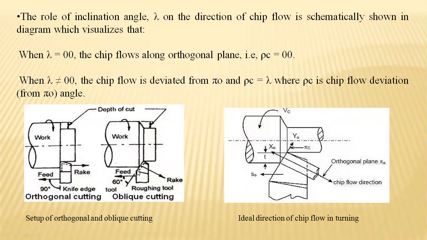So a slant cutting edge is clearly visible in the second diagram. With the slant cutting edge maintaining less than 90 degrees, either 60, 45 or 30 degrees, the material will be removed. That's called oblique cutting.